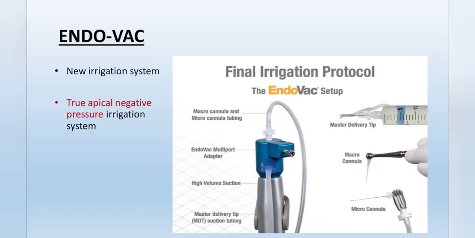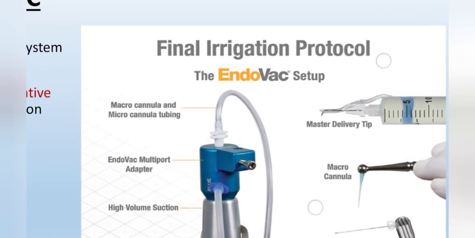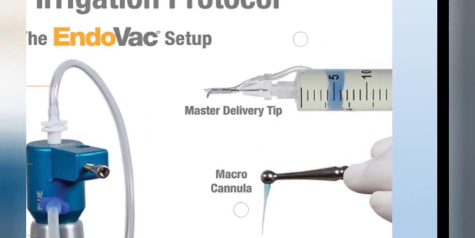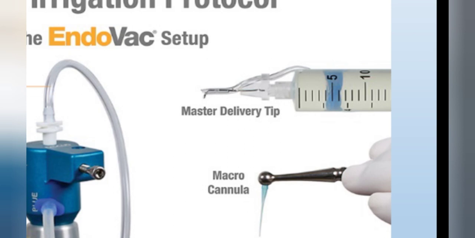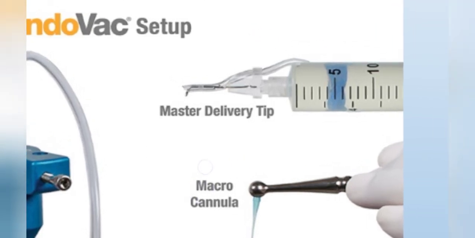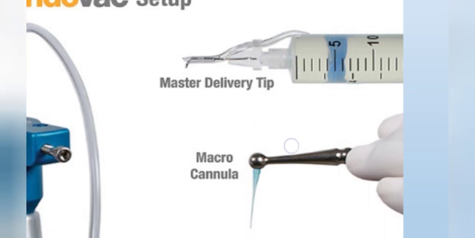Now the EndoVac system, a new irrigation system, with which we can achieve true apical negative pressure. Some parts of EndoVac: one is the master delivery tip, through which endodontic irrigants are delivered. This is the micro cannula.